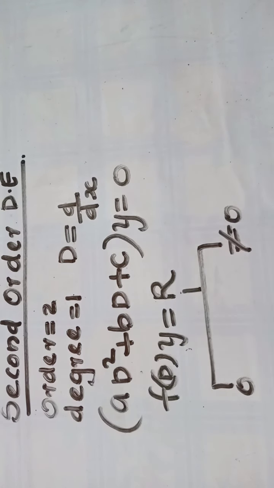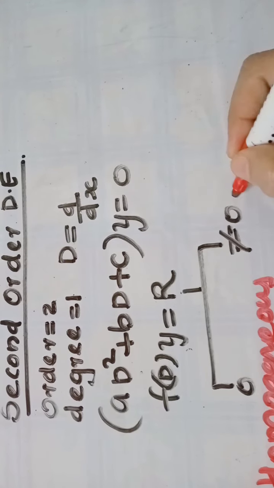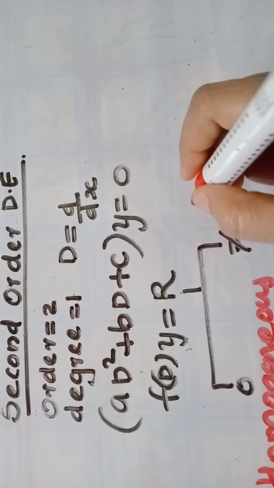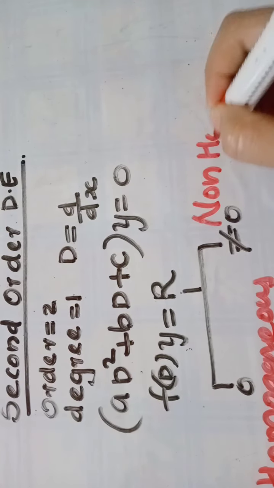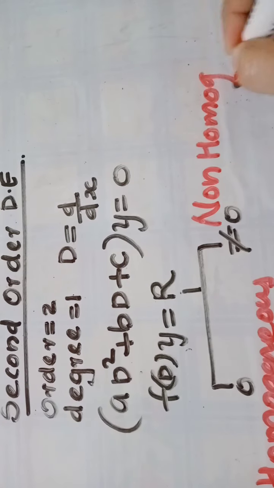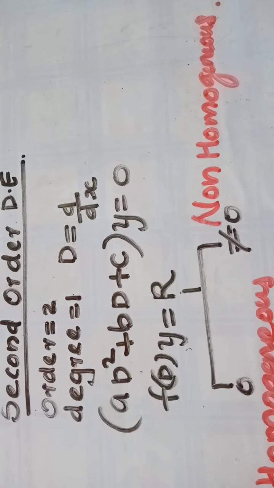The zero condition is known as homogeneous, and the not equal to 0 condition is non-homogeneous. So we have two types of second order differential equations, homogeneous and non-homogeneous.